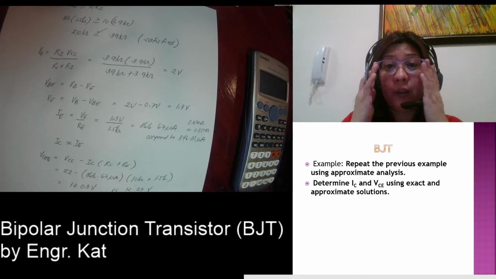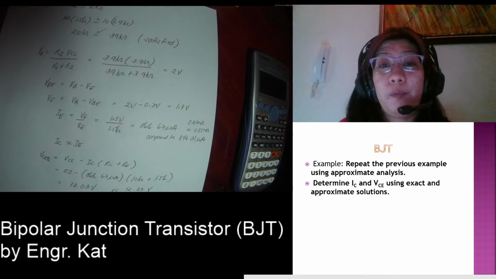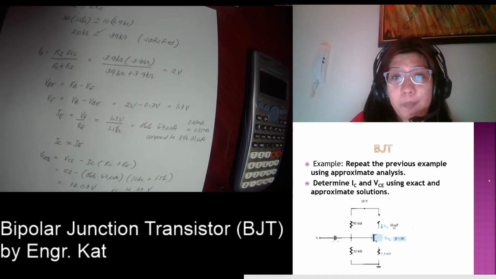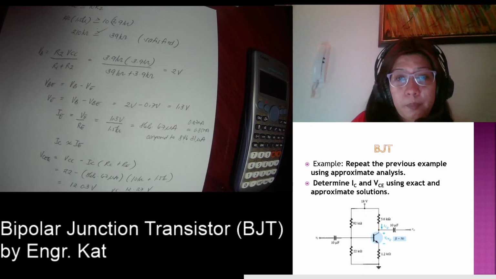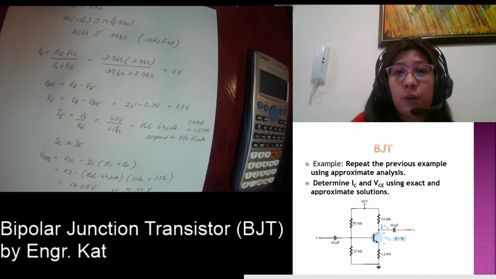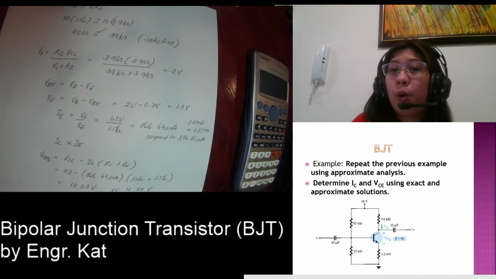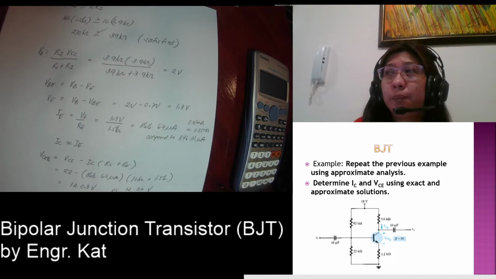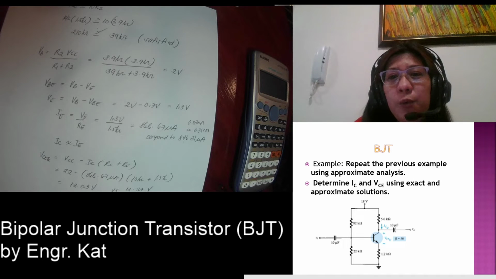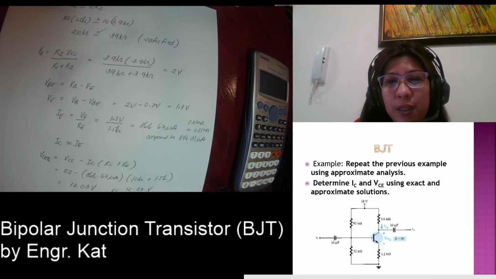Okay, what if we have a new circuit here and then we're asked to solve for IC and VCE using the exact and the approximate solution?